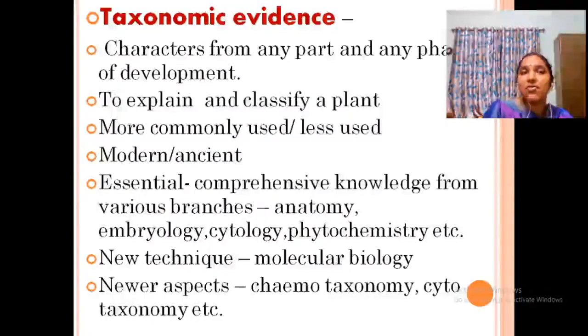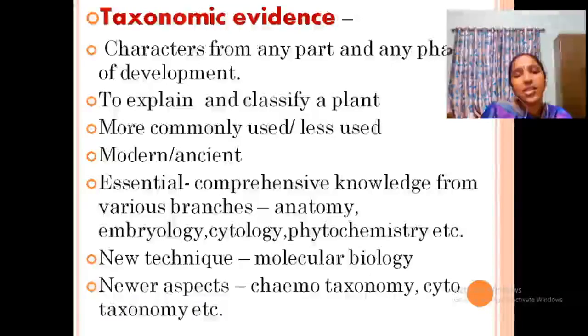But some features, like the character of endosperm and gland features, are less used. Some are modern and some are ancient. Morphology is a very ancient one, but the modern ones include molecular studies, DNA sequencing, etc.